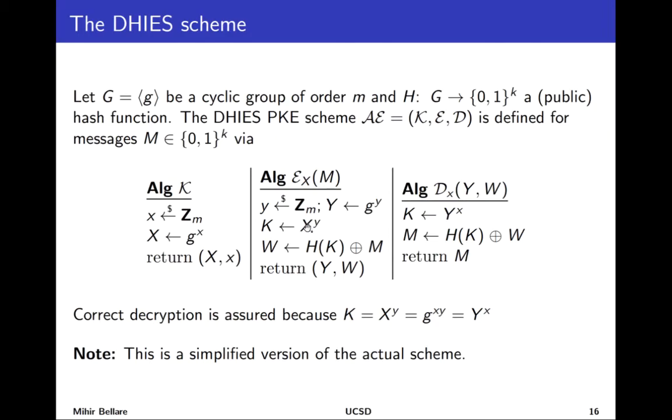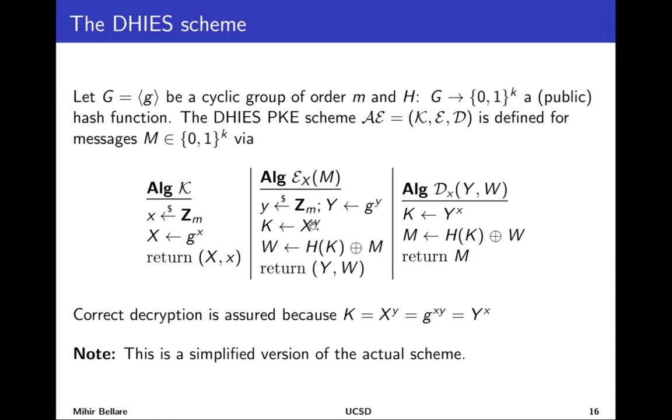You take Alice's public key big X and raise it to the little y, and that's this value over here because big X is g to the little x. What does Bob do with that? He treats it as a symmetric key in some sense. So he hashes it with the hash function that'll give out a k-bit string.